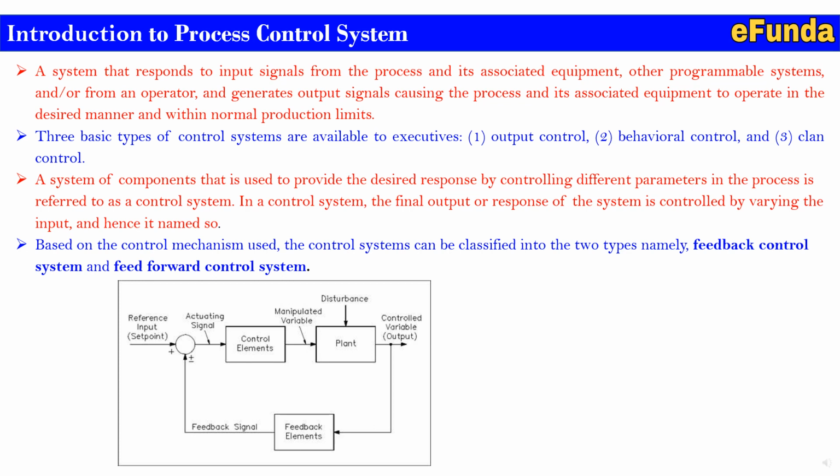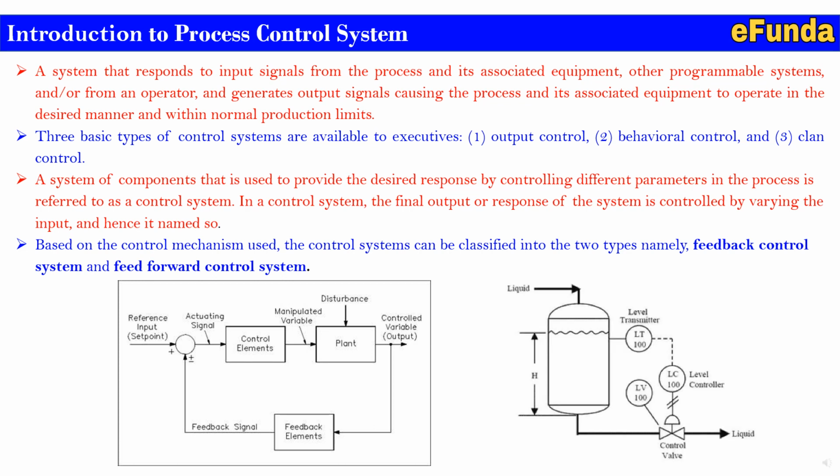One can refer to the block diagram or a sketch where one scheme is shown where the drum is shown and the level measuring instrument, that is a level transmitter, is shown, and the discharge of the drum, that is the liquid, is controlled by the final control element.